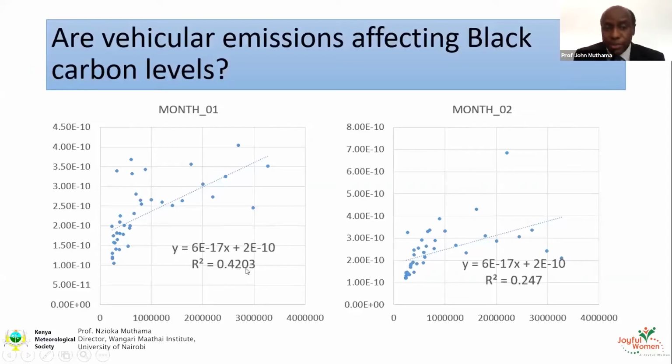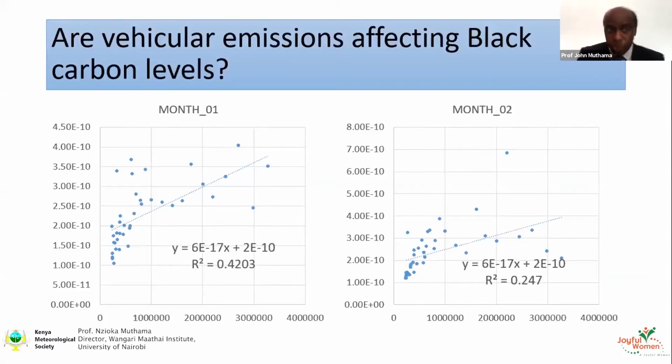Now, January is an interesting one because the R squared, or the variance explained, is 40%. So in other words, just talking about the number of vehicles, the total emission from vehicles and the levels of black carbon, explain 40% of the variability. So that becomes extremely important for us.